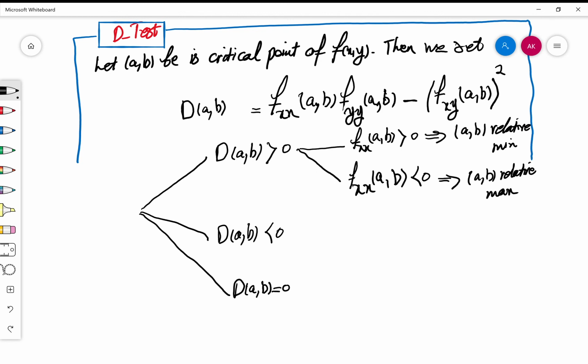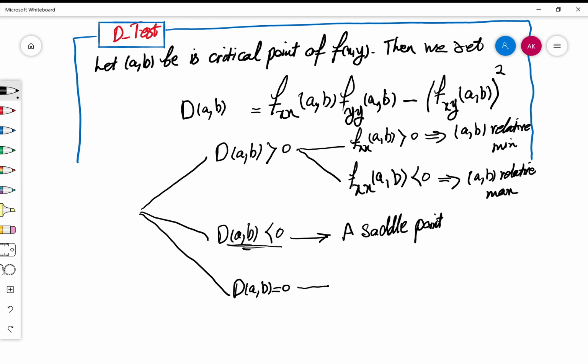If D(a, b) is a negative number, that's another case, then it's neither relative min nor relative max. It is a saddle point. And what happens if D(a, b) is 0?